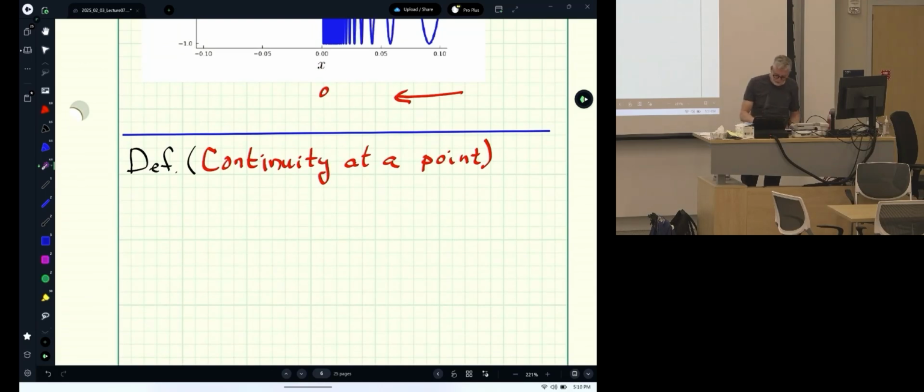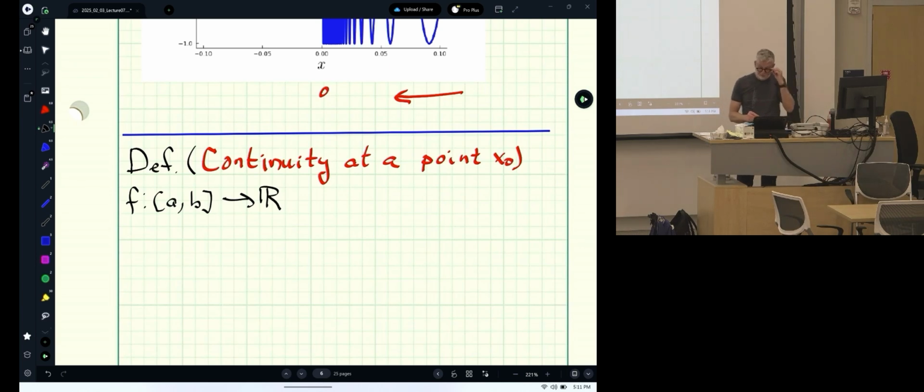Continuity at a point, and let's give that point a name, X0. So we have f takes an interval AB to the reals. For our definition here, X0 is not one of the endpoints, and you'll see why in a second.